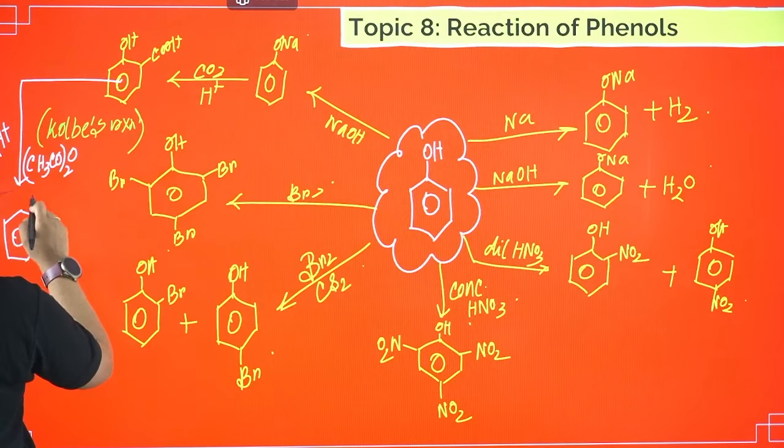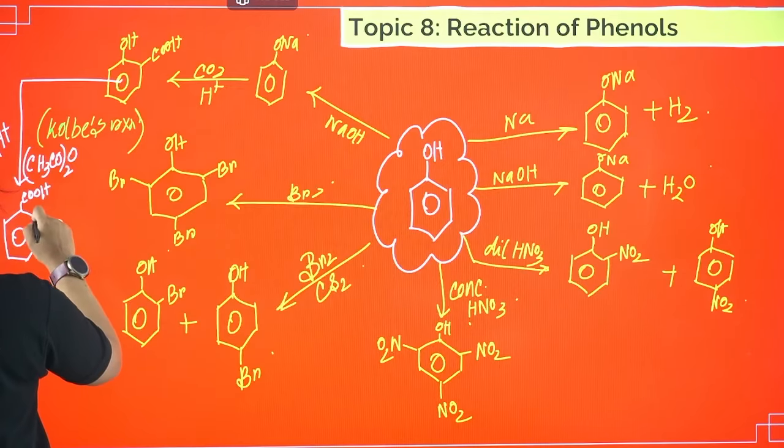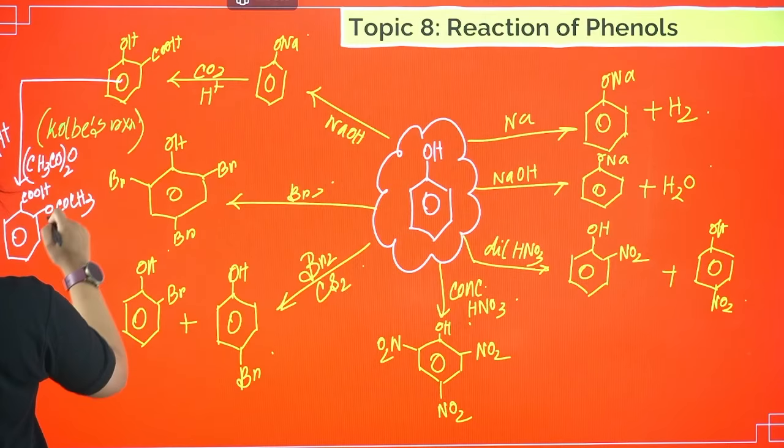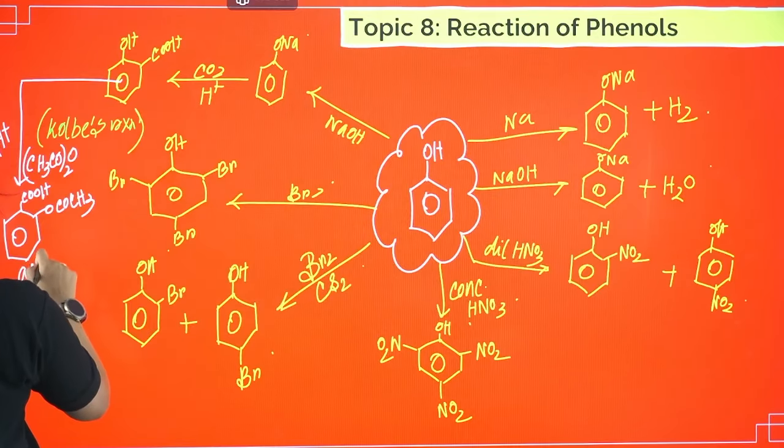This is one of the analgesics, the first ever discovered analgesic medicine. This is OCOCH3, your aspirin. Along with that, you will end up with CH3COOH.